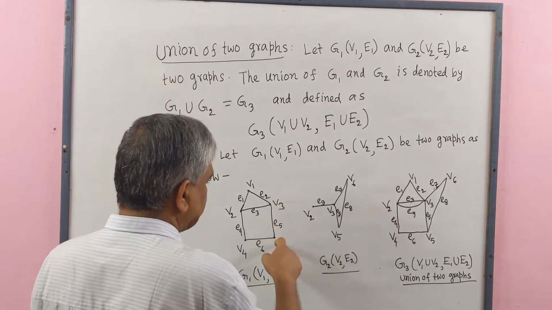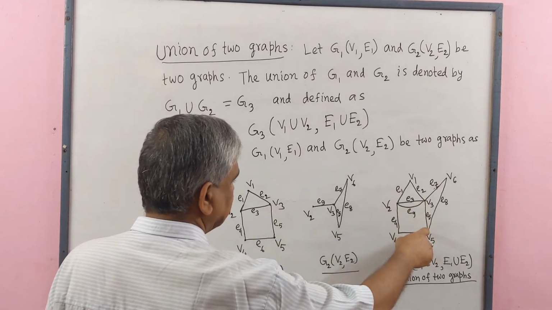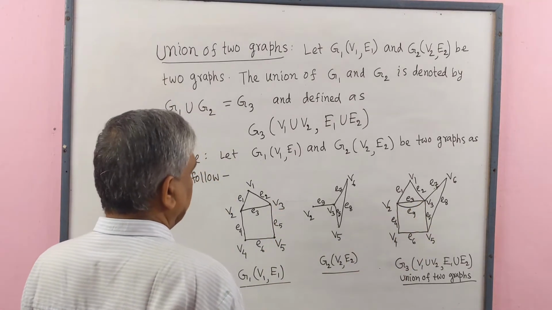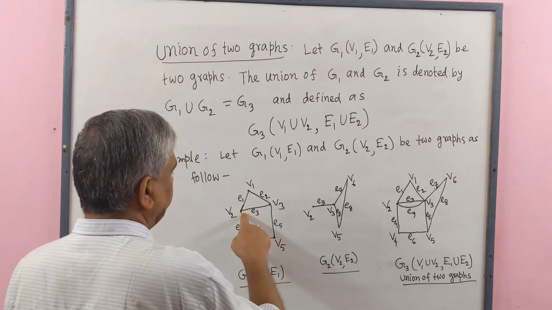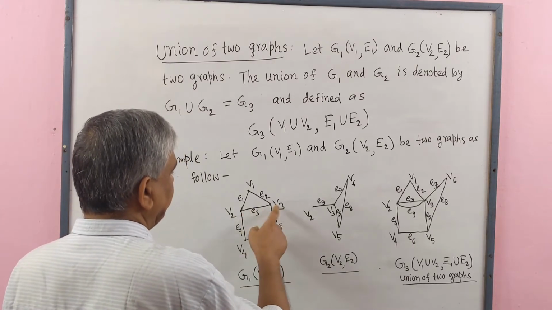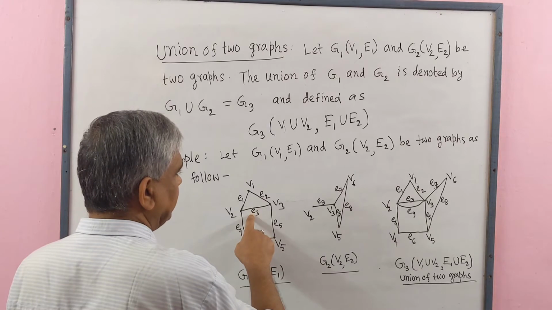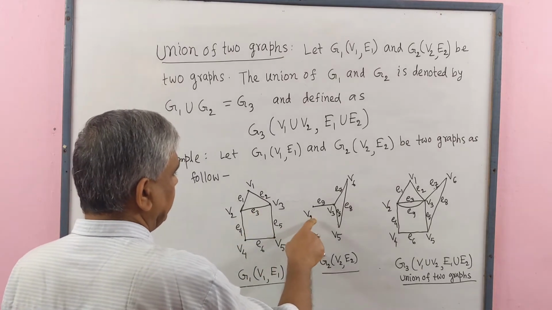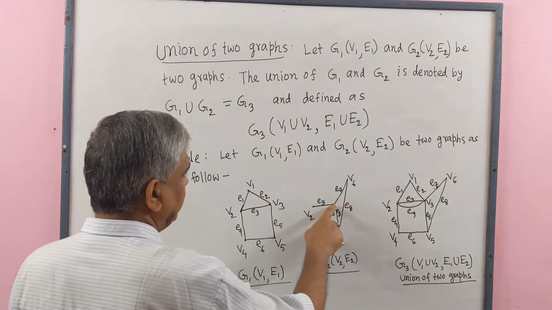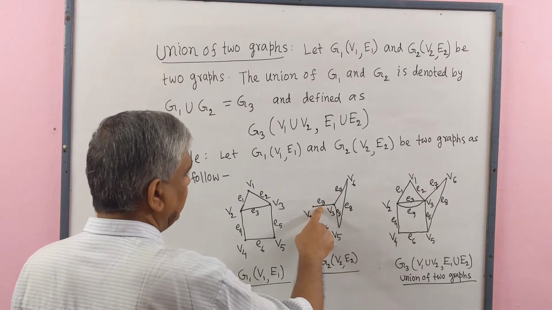So this remains the same, and here joining V2 and V3 is the edge E3. Here joining V2 and V3 is edge E9.